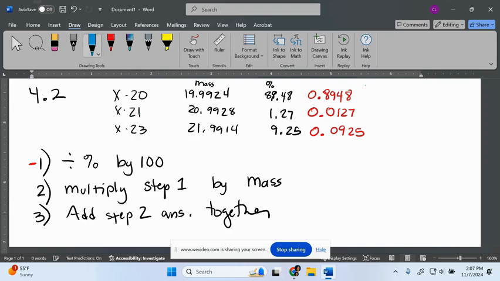Step 2, I am going to multiply my mass and the thing from step 1 together. So these two things are going to get multiplied together. I'm going to multiply this thing with its percentage divided by 100.